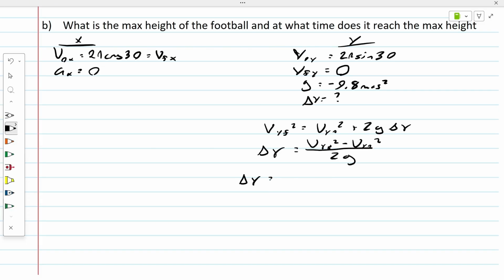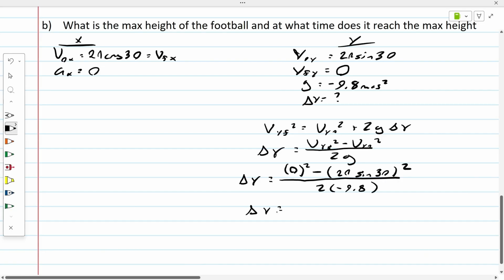If we plug in all of our values, we get 0 squared minus the initial, which is 20 sine of 30 squared, all over 2 times a negative 9.8. And this will get a change in y of about 5.102 meters.